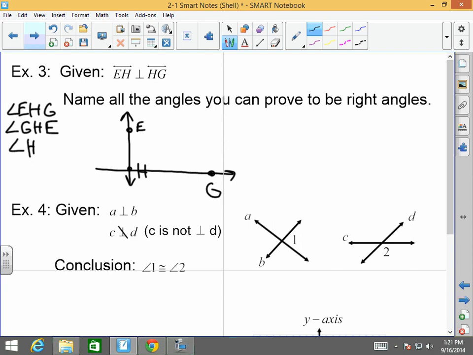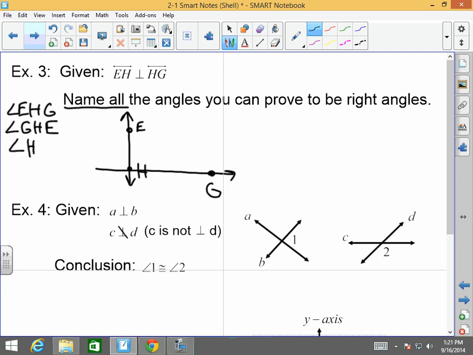Well, in this case, it said name all the angles. So that's why we named them all. Yes, I know, but name all the angles you can prove. They are the same angle, but this is all the ways that we can name them. So either of these would have worked. Thank you, sir. Thank you very much.